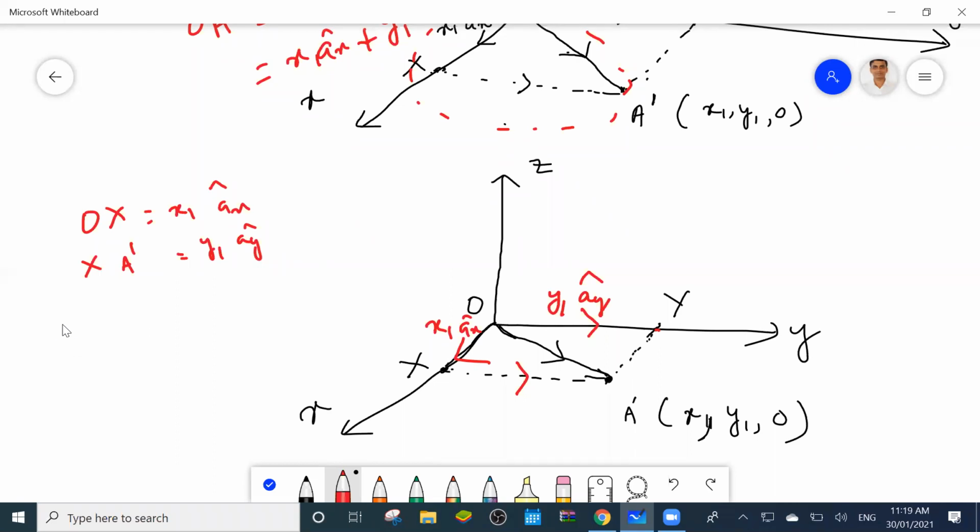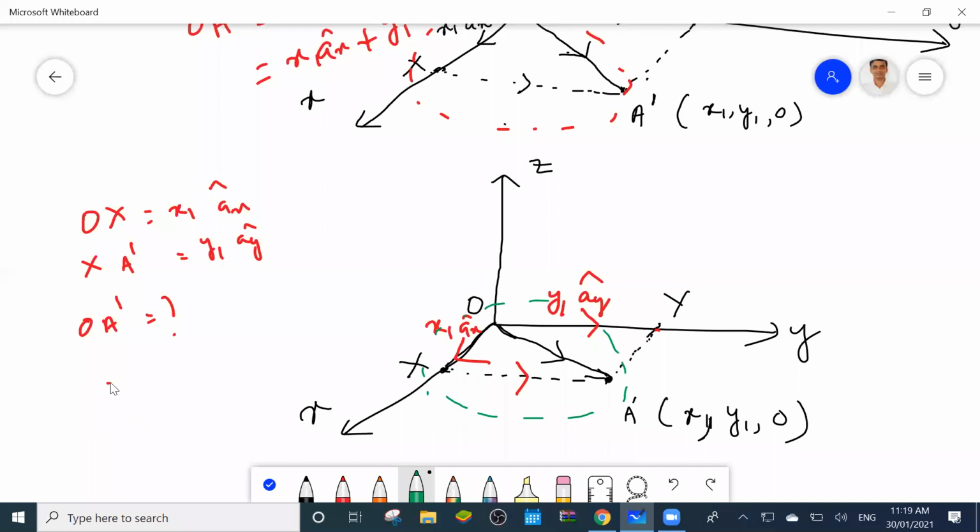So now I have to find the position vector OA dash. If you apply the triangle law here.